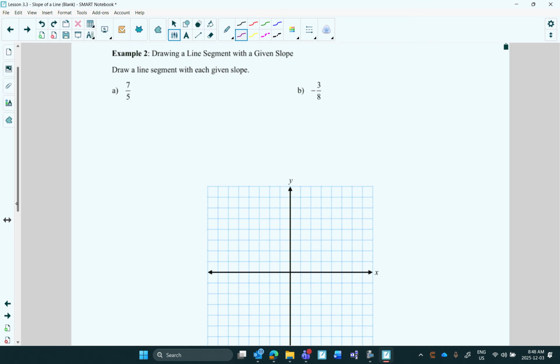What about if you were asked to go in reverse? You were given the slope and you were asked to draw a line segment that has that slope. Any ideas how you would do it?